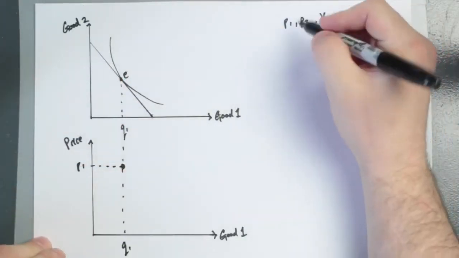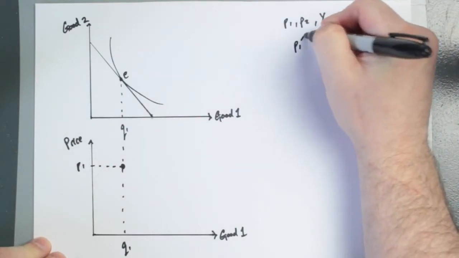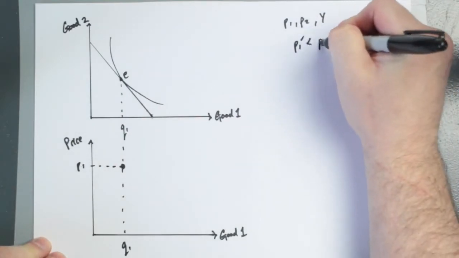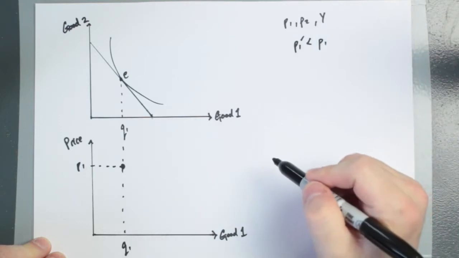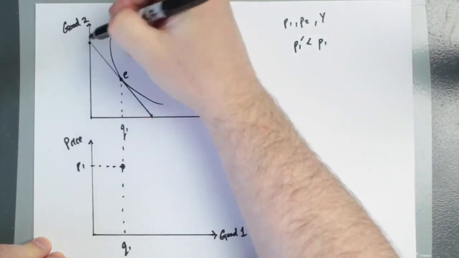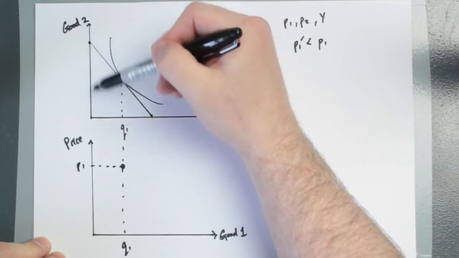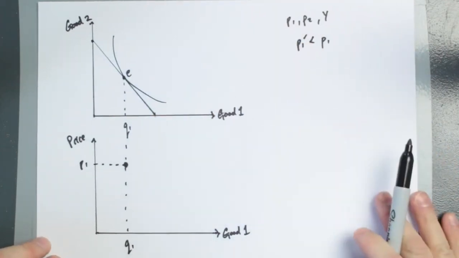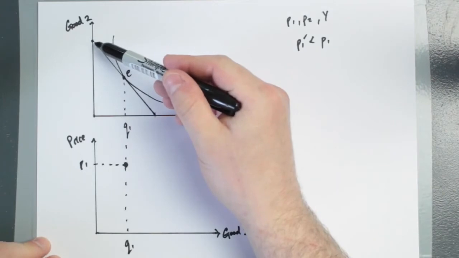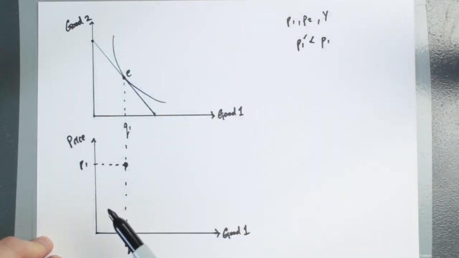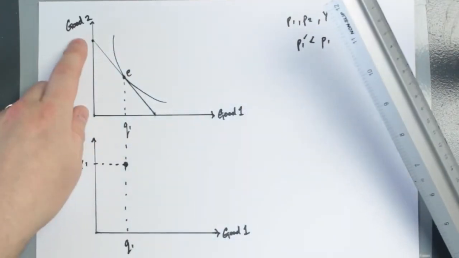Now suppose we have a price reduction, so let's let P1 prime be less than P1. So if the price of good 1 goes down, we know how to represent this graphically. This intercept on the vertical axis doesn't change, because that's the point at which, if I spend all my income on good 2, how many units could I get?